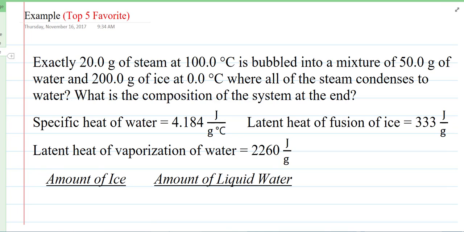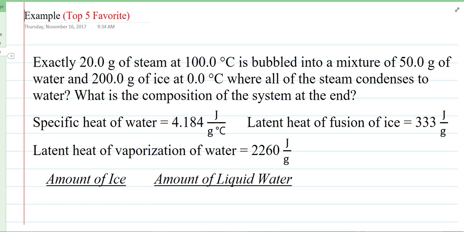So far we've done combustion analysis. We've done solution stoichiometry, where you have to write down the balanced equation from words, figure out the limiting reactant, and get percent yield somehow. That's the second one. This is the third one of a top 5 favorite.